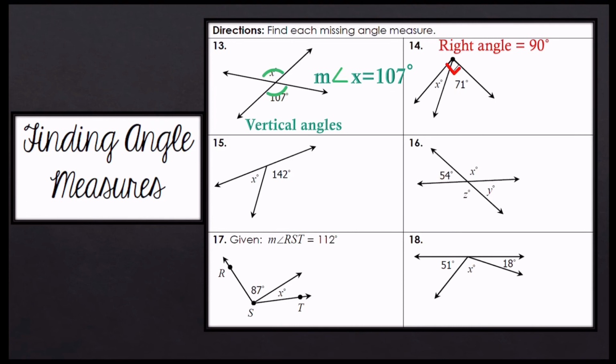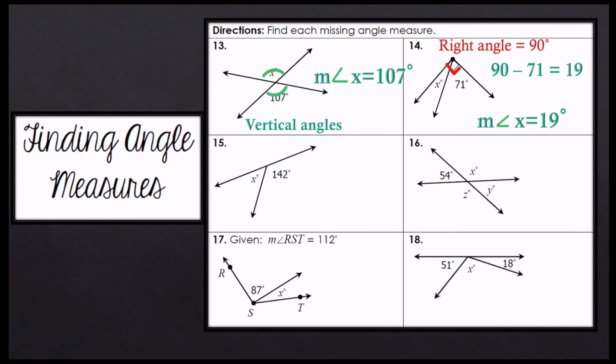So how could I figure out what x is? Well, I would do 90 minus 71. Gives me 19. But you need to write the measure of angle x equals 19 degrees. I'm going to be looking for exactly what I have here, not to mention what I told you to write for number 14.